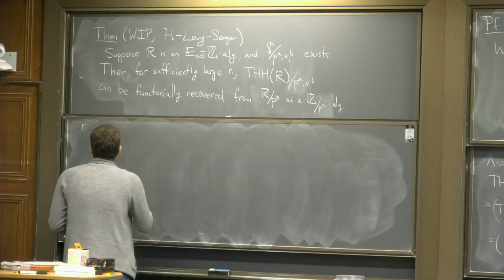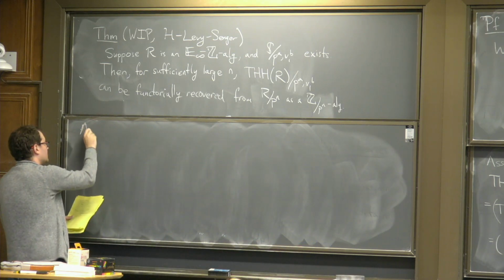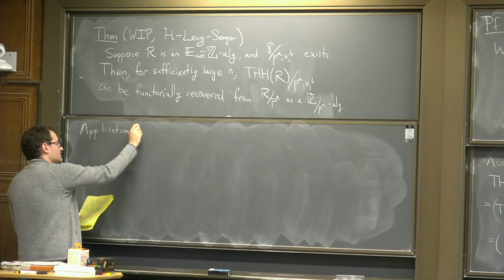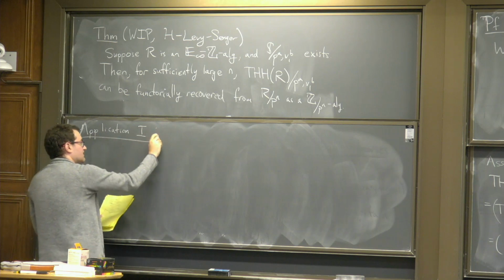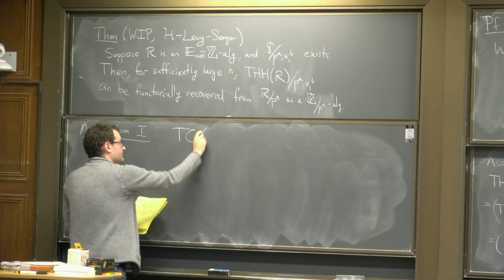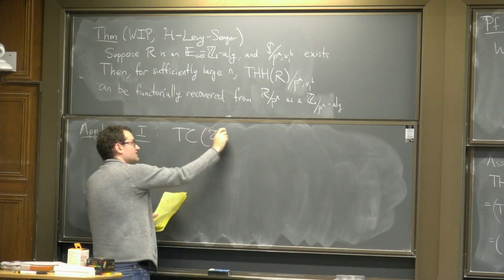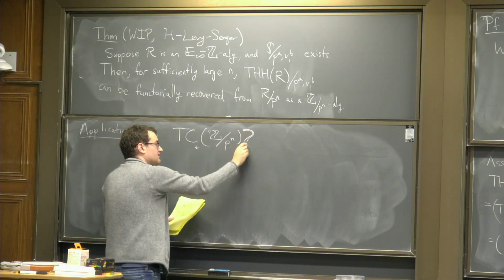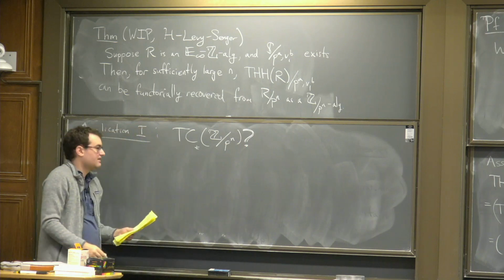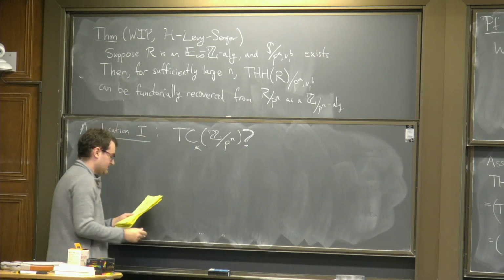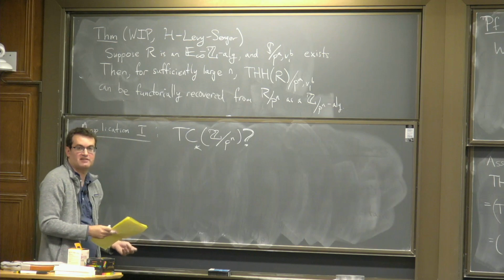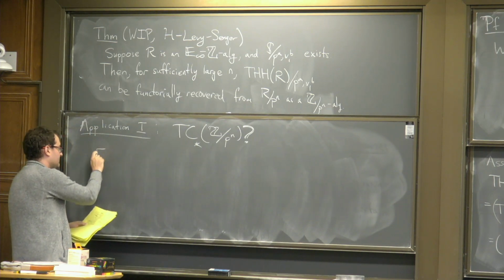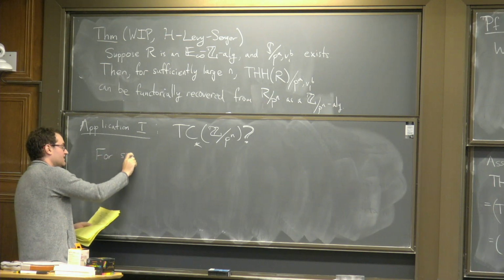So maybe a first application: TC of Z mod p to the n. OK, I want to start to think about these groups, and right after Dan Isaksen asked me this question, I'm going to suppose, for simplicity, assume p is odd.